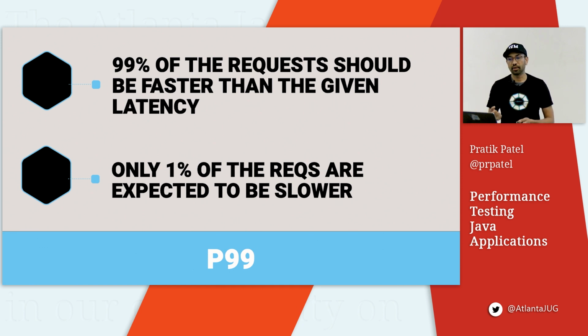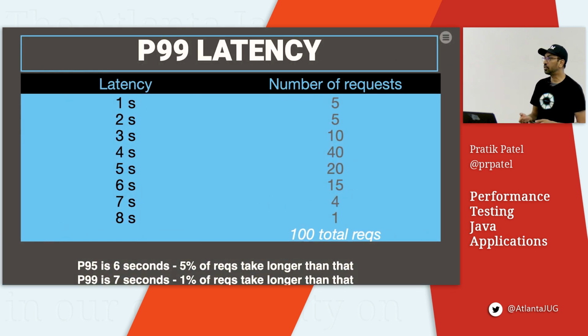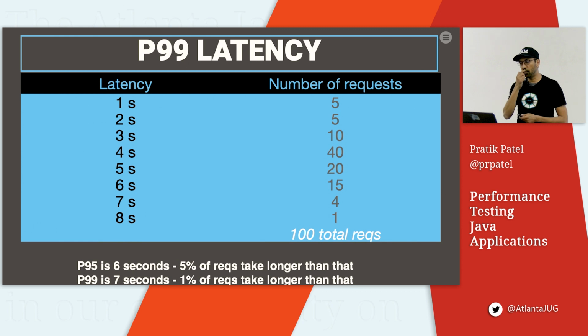Now, let's look at this in a couple of different ways so that you understand what I'm trying to get at here. When we think of P99 latency, I just made these numbers up to make the math easy for you all to follow along. If we look at this, you can see I have latency on the left here: 1, 2, 3, 4, 5, 6, 7, 8 seconds of latency. And these are the number of requests that finished under that amount of latency.